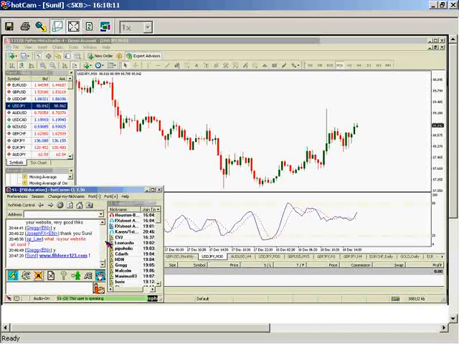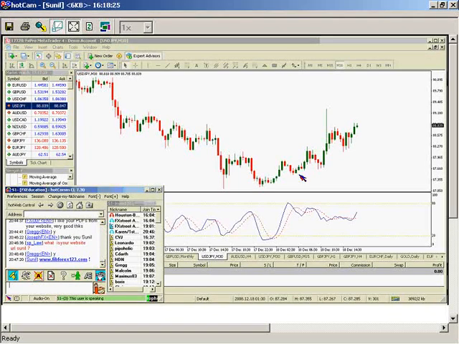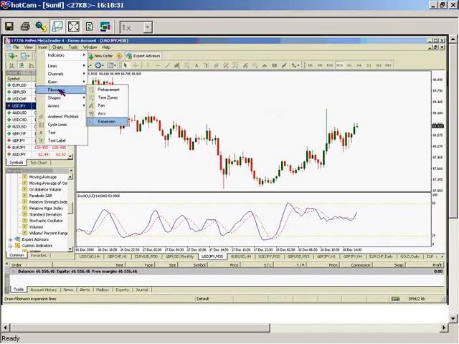Now, Greg, before I start off with this, how do you get this 1 2 3? Oh, Ferdinand. Okay, sorry, my mistake. Ferdinand, on your MetaTrader charts, you go to Insert, you go to Fibonacci, and you go to Expansion.